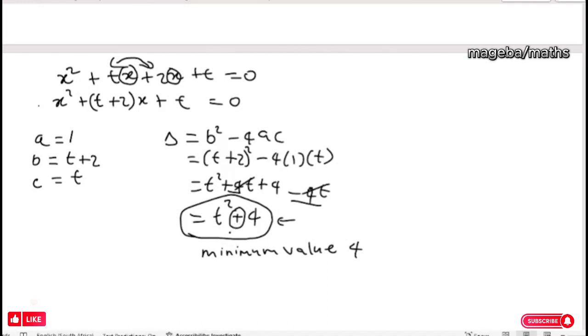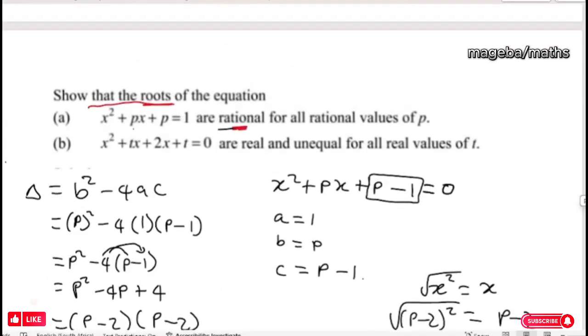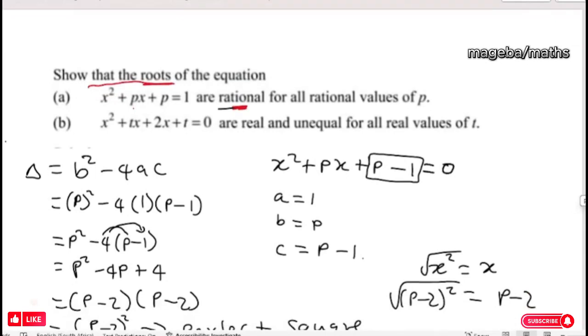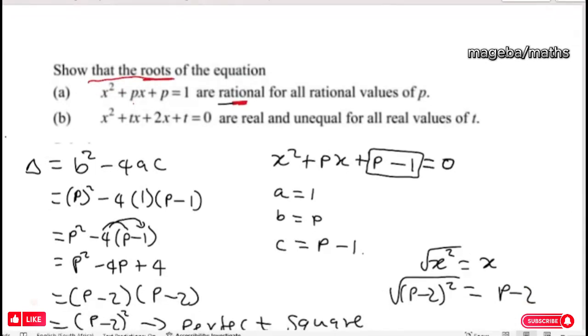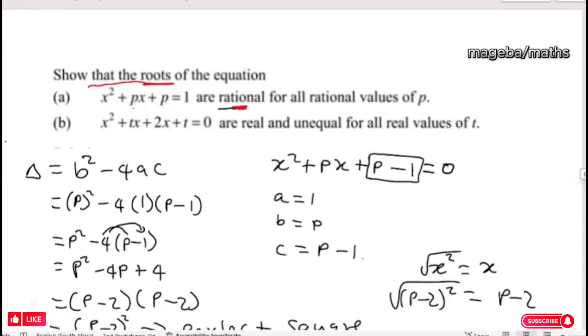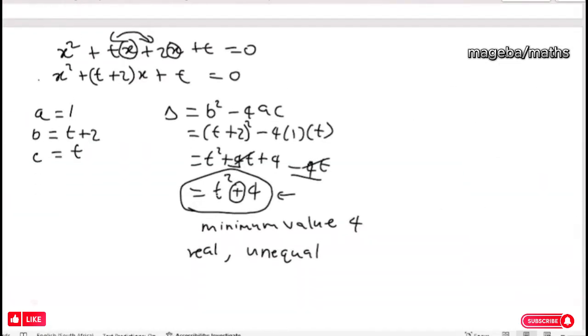If it's not a perfect square, this is going to be real, but at the same time it's going to be unequal, as the question was telling us. We needed to show that the roots are real and unequal for all values of t. Having t squared with a positive sign and a minimum value of 4 is telling us these are real and unequal roots.